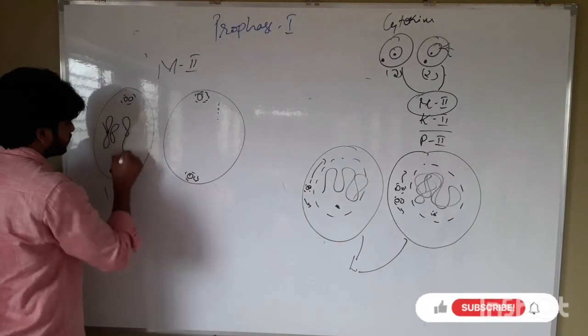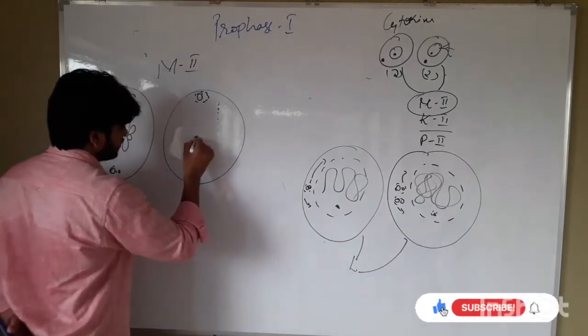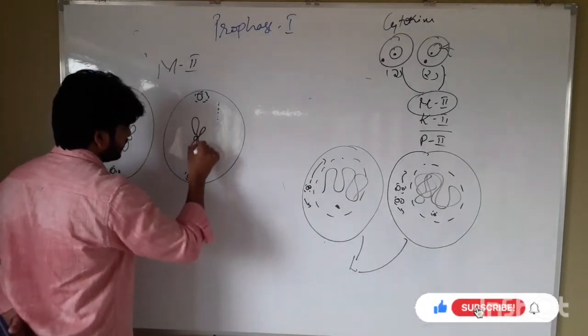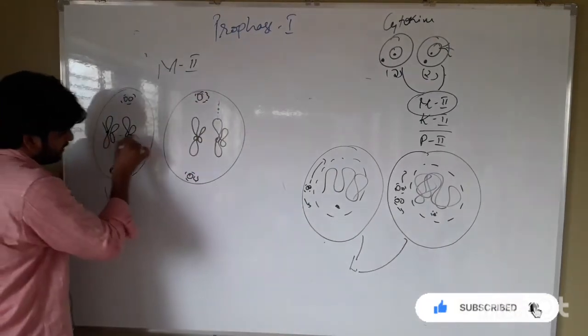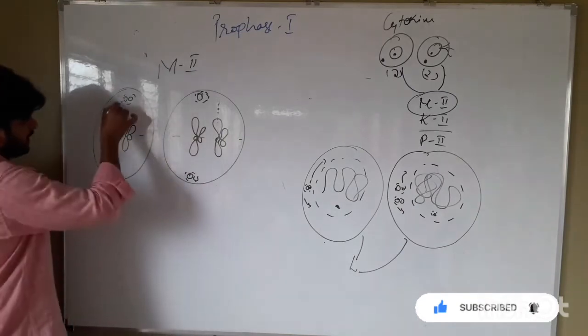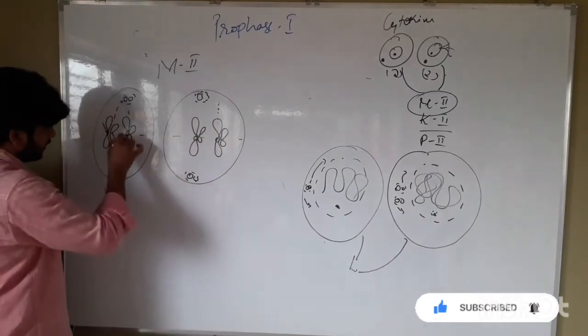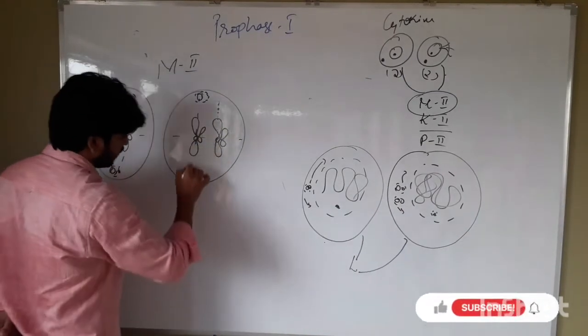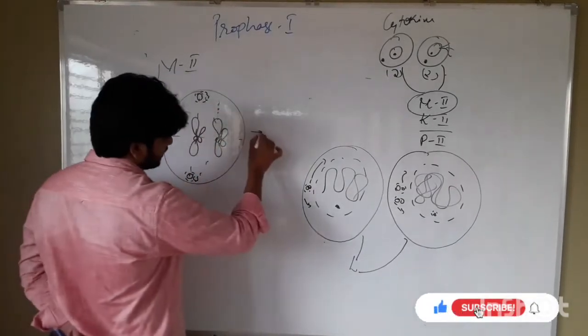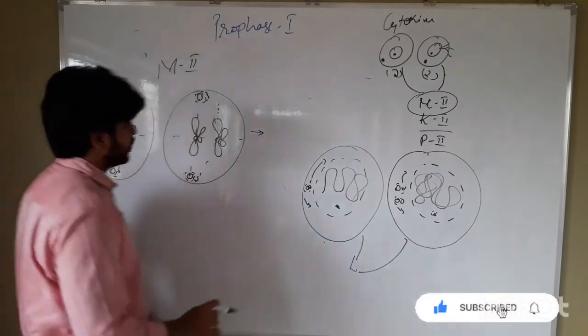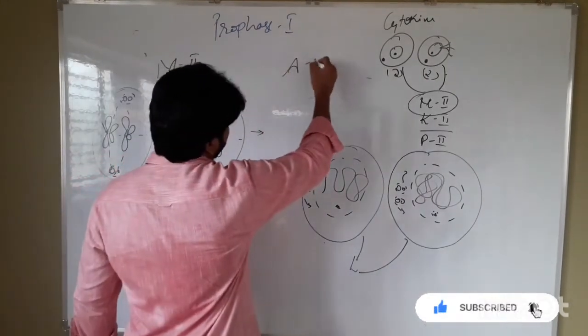Here it has 2 chromosomes, here also 2 chromosomes. These 2 chromosomes are placed at the equatorial plane of the cell, held by the spindle fibers which are attached to the kinetochore of the centromere. After this, these 2 cells enter the next stage called anaphase 2.